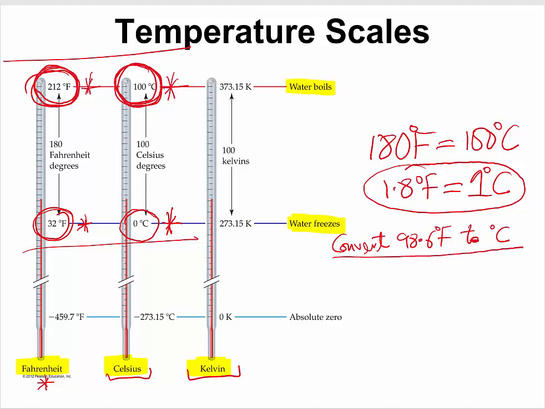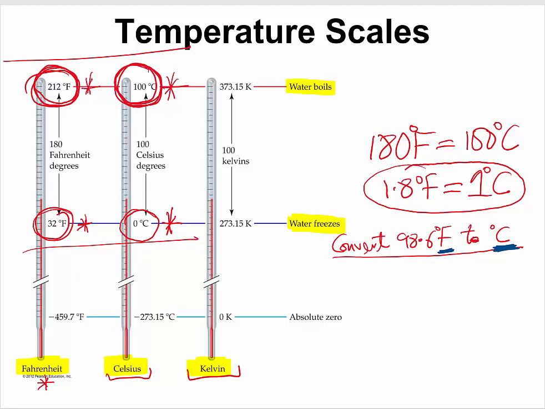One thing to immediately realize when you are going from Fahrenheit to Celsius is that the Fahrenheit scale is larger than the Celsius scale. So, whatever value we are going to get for degrees Celsius should be a smaller value than what we have for the degrees Fahrenheit.